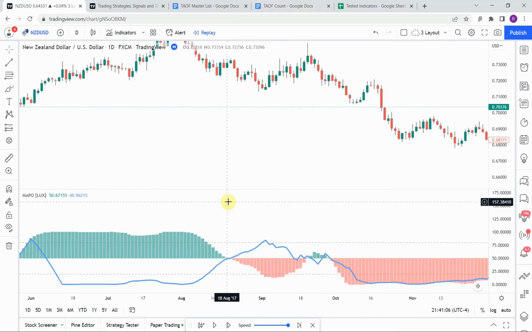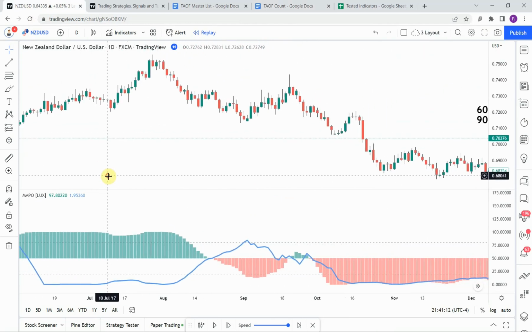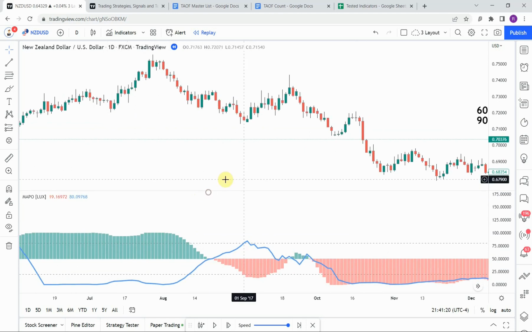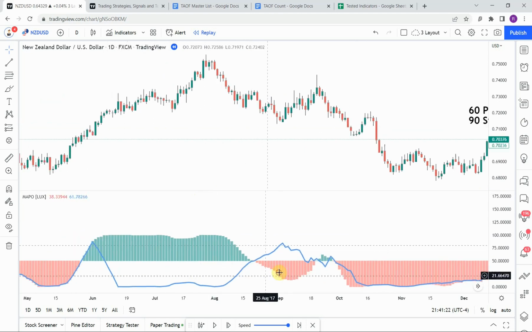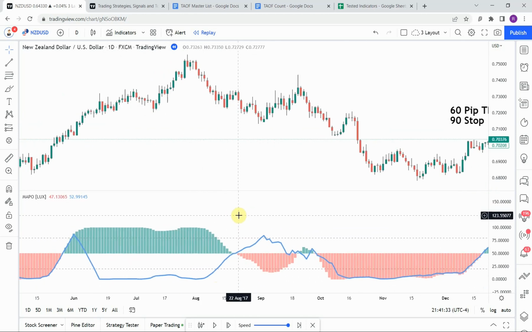What we are looking for in this particular case is a confluence between the proximity index line, the blue line, and the histogram bars that are pivoting around basically a zero line. It's not really a zero, it's at the 50 marker, but you can classify it as a zero line, basically a single point.